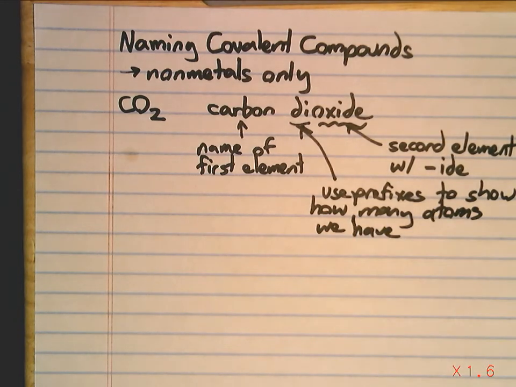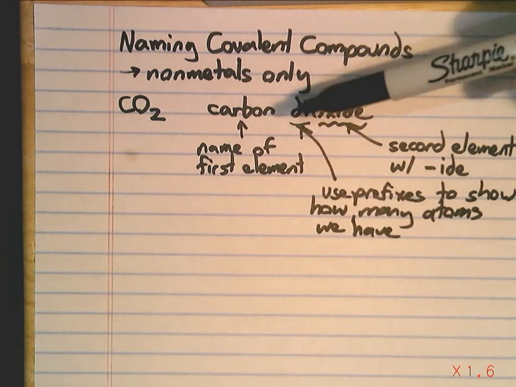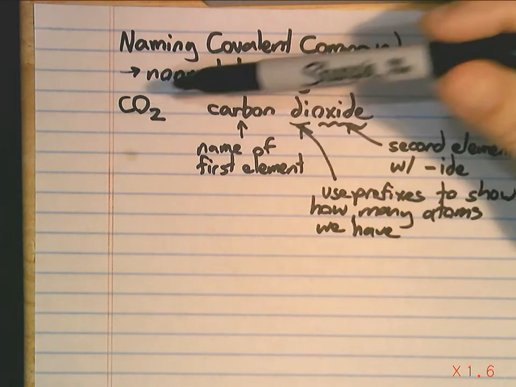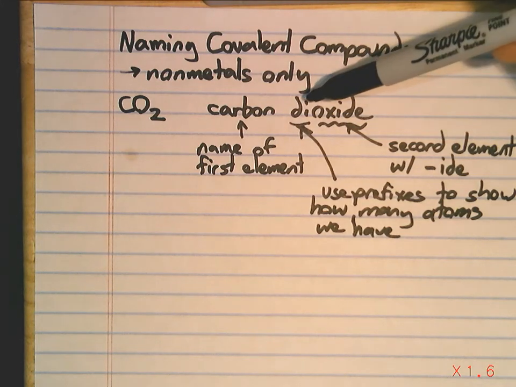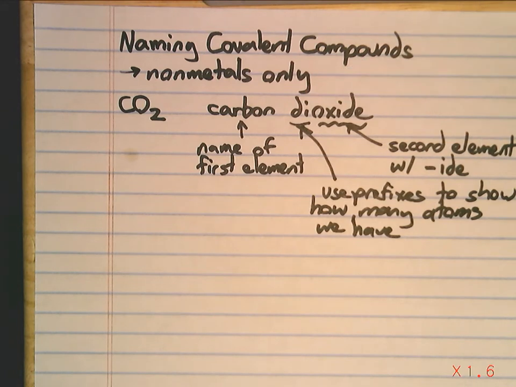Now, the prefixes are the big thing that's different between covalent compound names and ionic compound names. You don't have to say how many things you've got in an ionic compound. You do in a covalent compound, and you tell someone how many atoms you've got by using these prefixes.